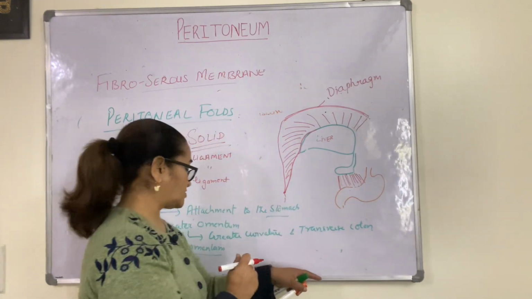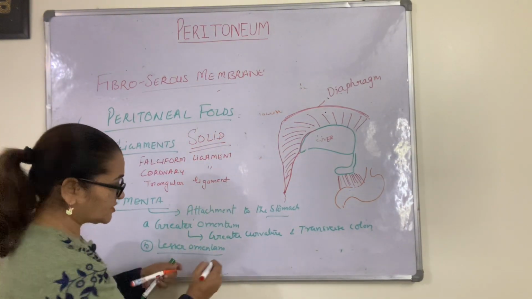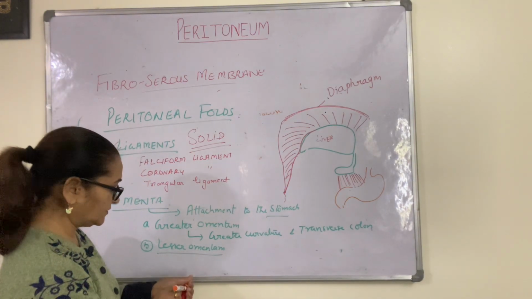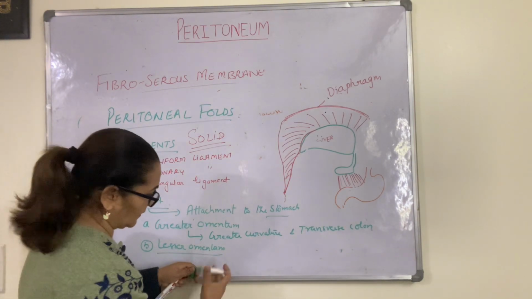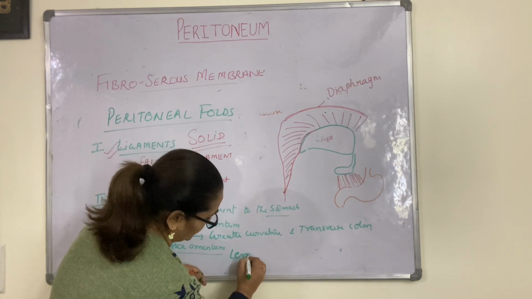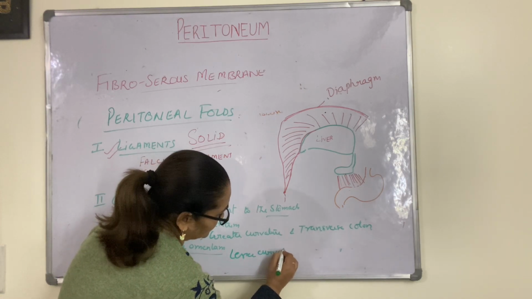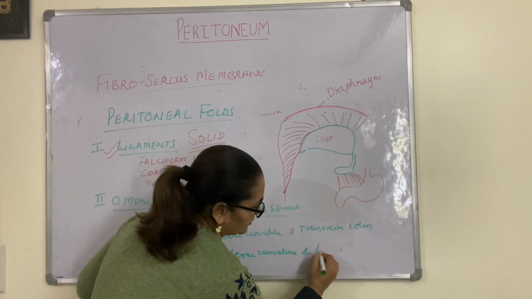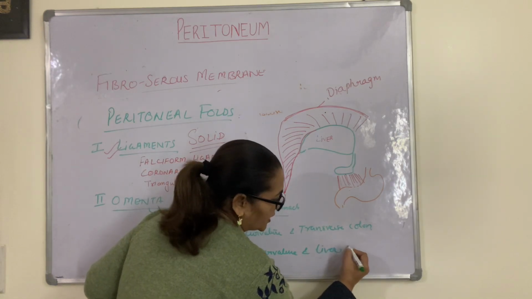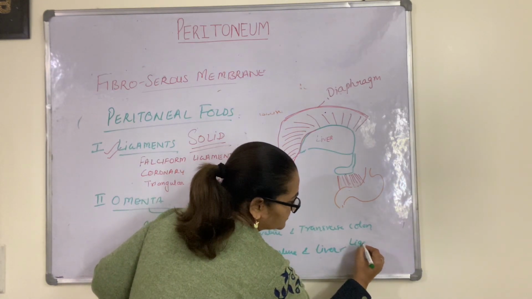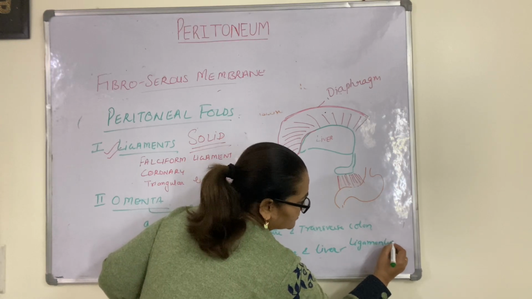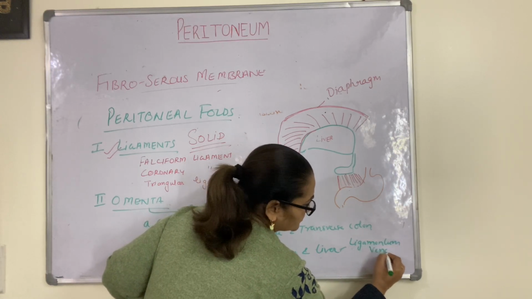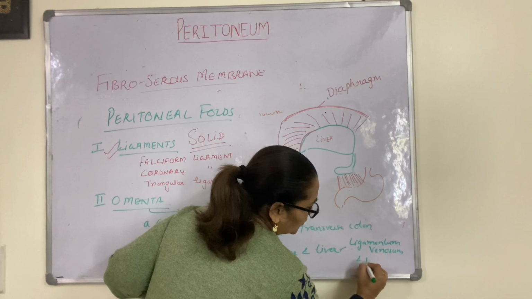So that is the lesser omentum. It is present between the lesser curvature of the stomach and the liver, through the ligamentum venosum and porta hepatis.